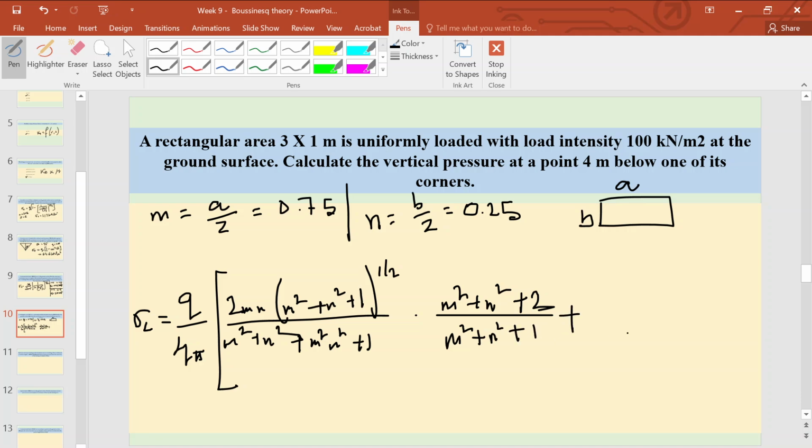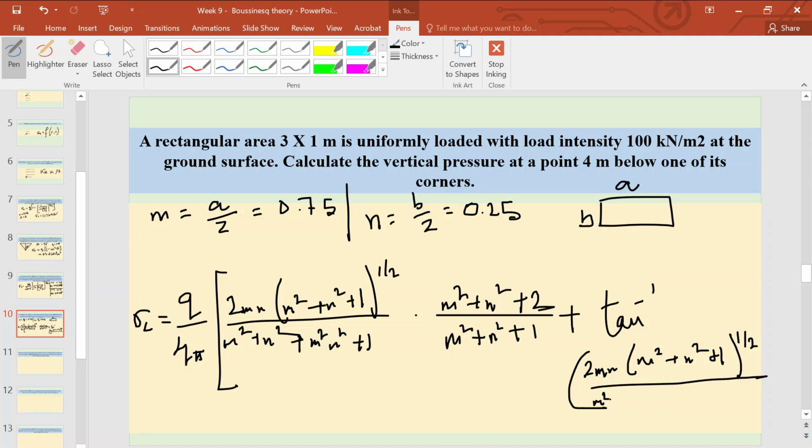This one added to tan inverse, I'll write over here, 2mn into m square plus n square plus 1 whole to the power half, divided by m square plus n square minus m square n square plus 1.